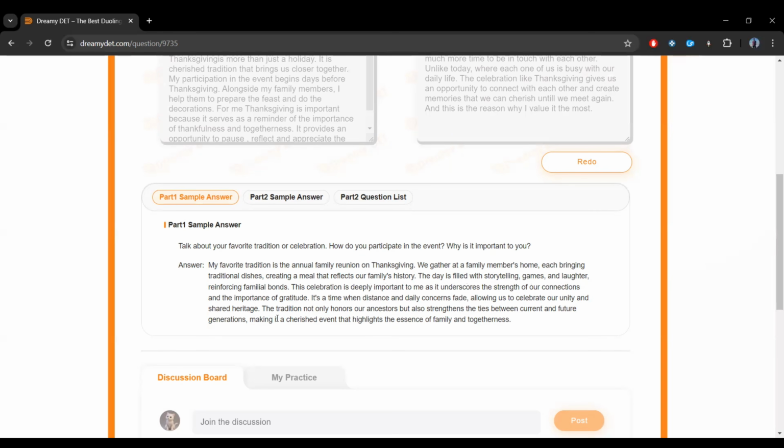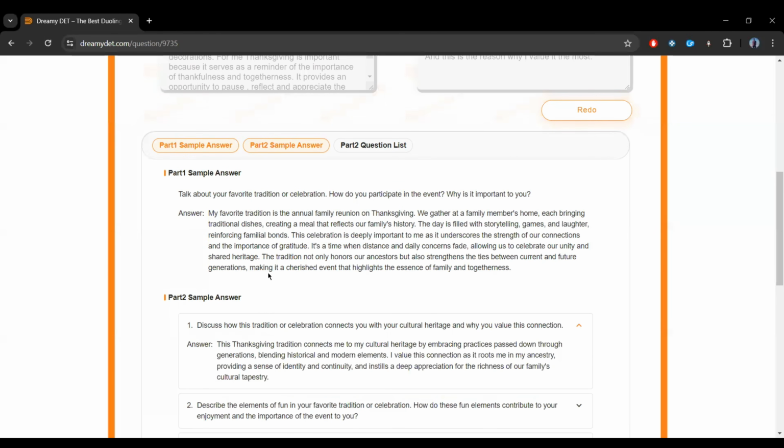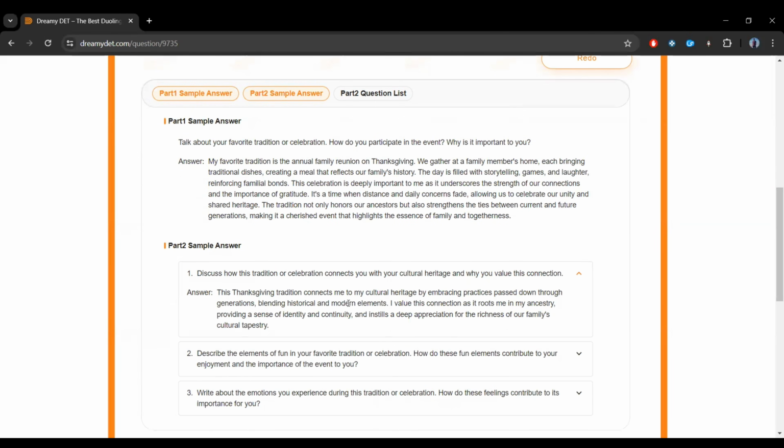Oh, this is kind of the same sentence that I have. Making a church event that highlights a sense of family and togetherness. Nice. All right, let's check out the sample answer for the follow-up question. Maximum tradition and history, the sense of unity, continuity, insight, appreciation, richness.